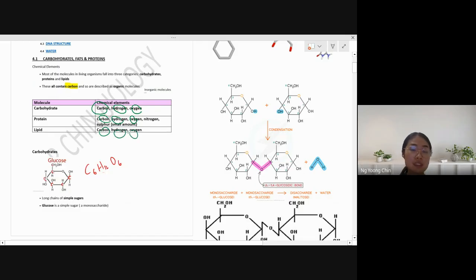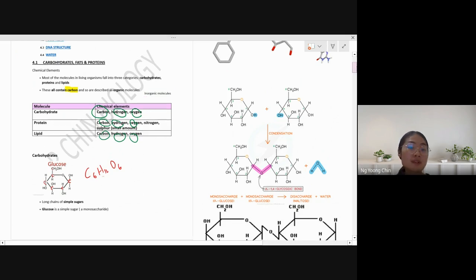But the difference is that proteins contain other elements, which are nitrogen and sulfur, which are not found in carbohydrates and lipids. Please always remember that carbohydrates and lipids have an almost similar structure, but protein is very much different.